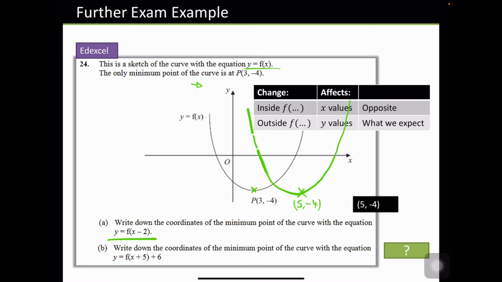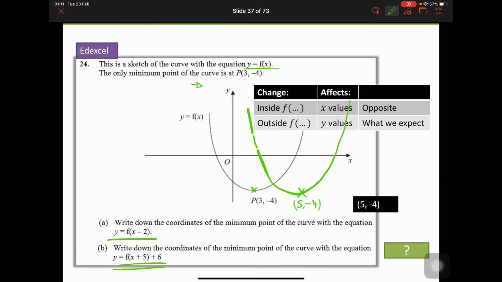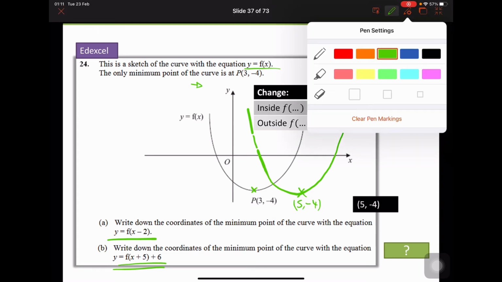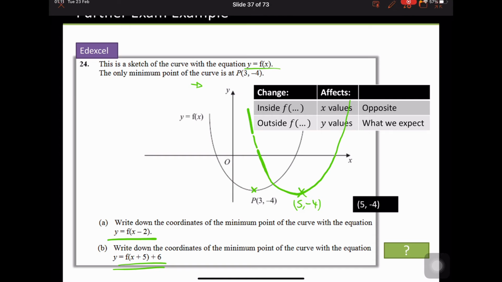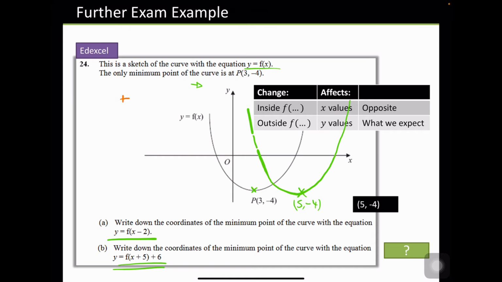Write down the coordinates of the minimum point of a curve with equation this. So, a two-part translation. Let's use orange. We have x plus 5 within the bracket, so we're going to move to the left 5 spaces.